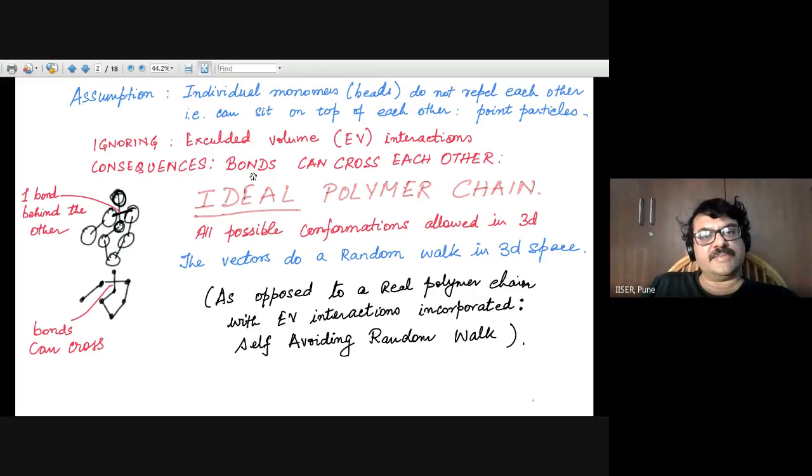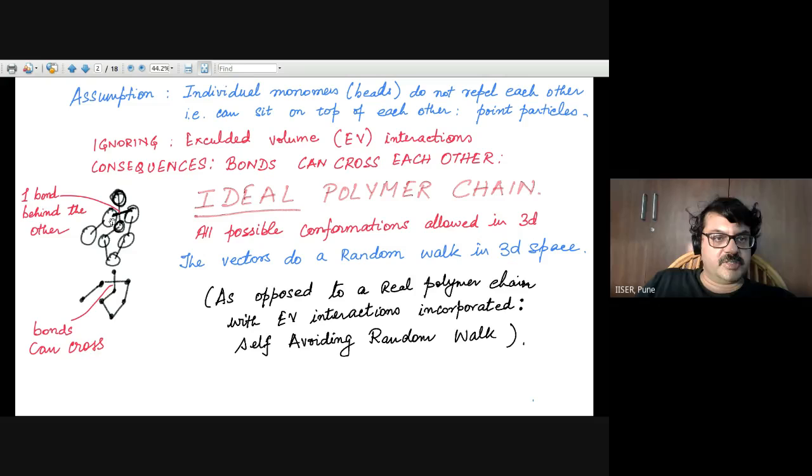What are the consequences? The consequences are that the bonds can cross each other. So there is nothing which prevents, these are point particles. The monomers are considered to be point particles. There is nothing which prevents a polymer chain to cross itself. Why and how?